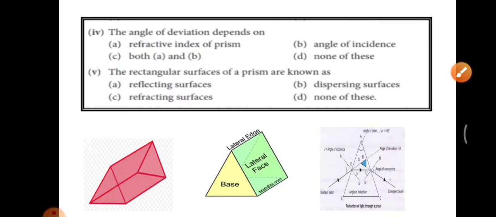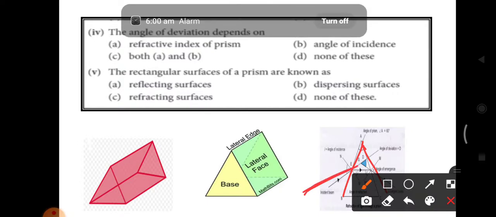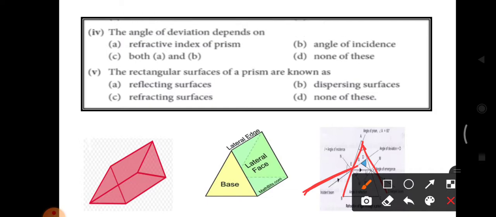So the rectangular surfaces of a prism are known as reflecting surface, dispersing surface, refracting surface, or none of these. Here the rectangular surfaces are acting as refracting surfaces. So when the light falls on these surfaces, the refraction takes place. So option C is the correct answer.